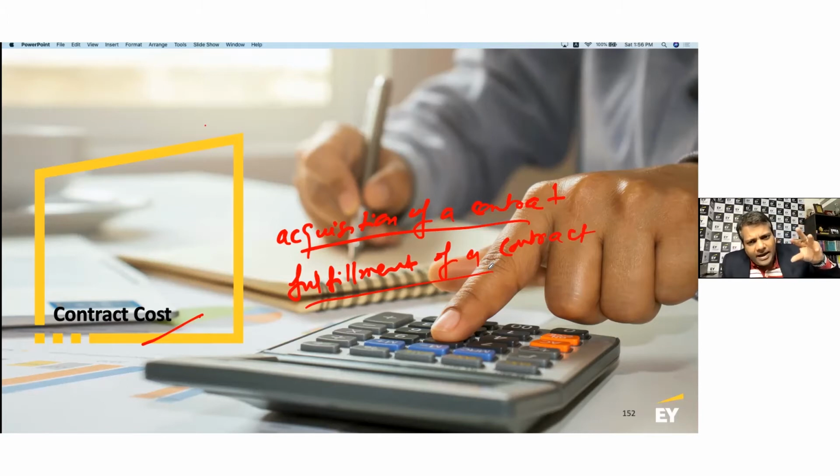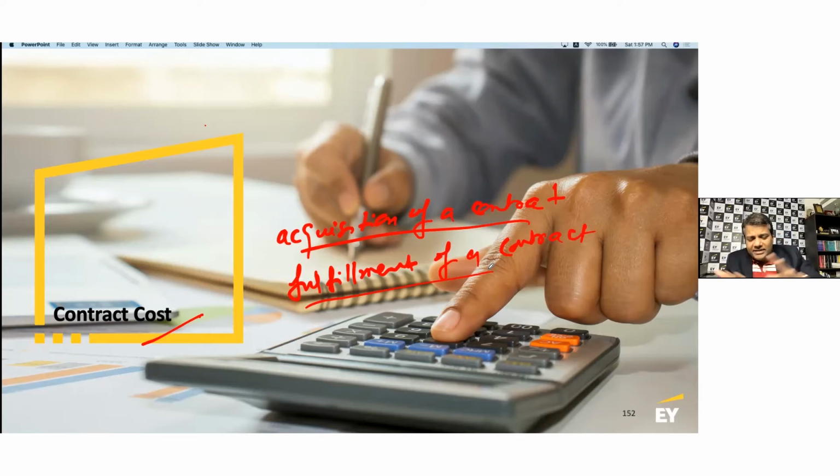So if I have a contract acquisition cost which I have incurred, which is incremental, and I can demonstrate the contract which I have acquired or signed up is profitable and I will be able to recover this cost, then you are allowed to capitalize the contract acquisition cost as a separate asset in the balance sheet, and amortize that over the estimated life of that contract.